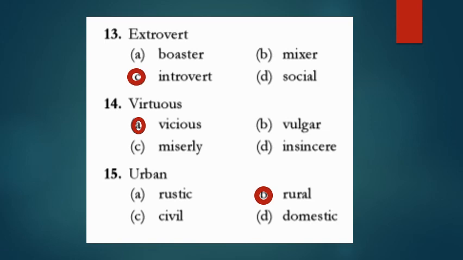Urban, B, rural. With this, we have come to the end of this session. This test was quite simple, but sometimes in the exam, very simple words will also be asked in antonyms. Now here onwards, be ready for the next test in the next session. Thank you.